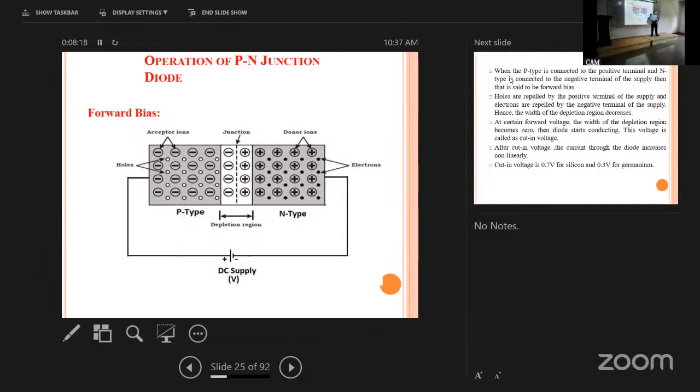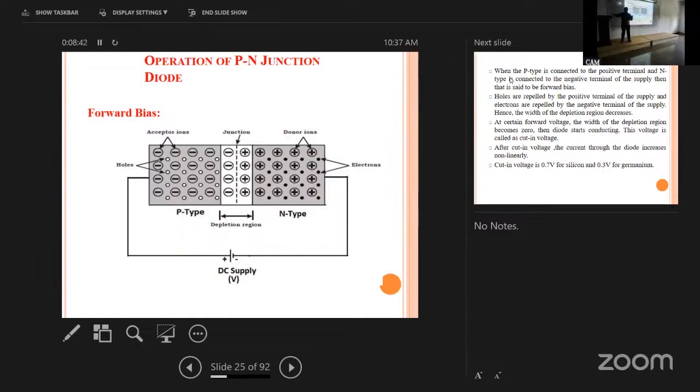So here, positive is positive charge, and here minus is negative charge. Holes have positive charge, and electrons have negative charge. What happens? I am applying voltage. Initially it is 0.